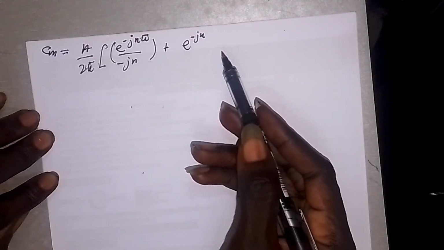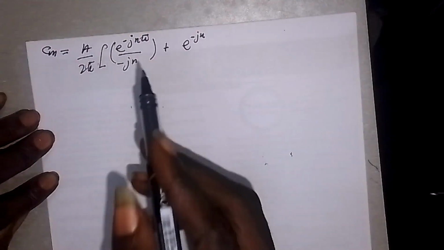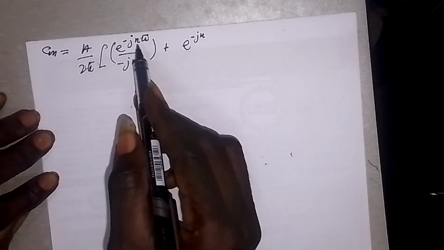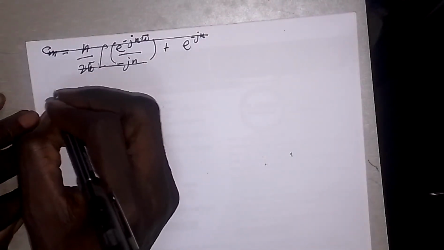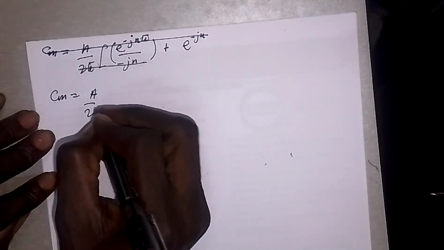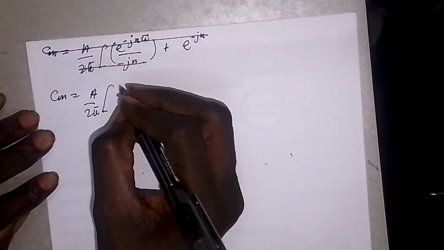Now if I put in 0, I'm going to get 1. Please let me rewrite this particular stage again. Cm equals A over 2 pi into the limits that I'm going to place in. So the upper limit first.